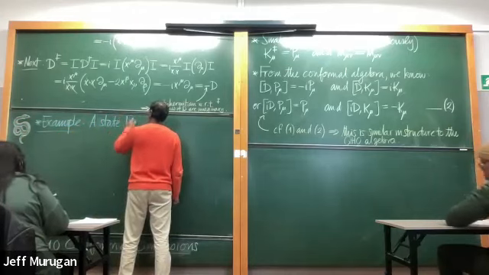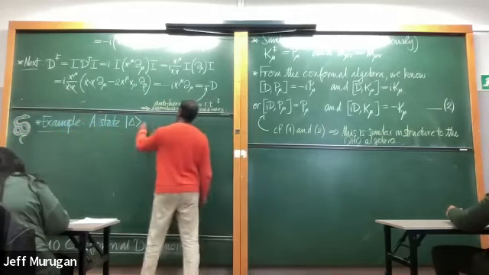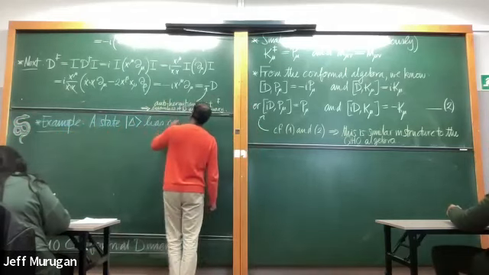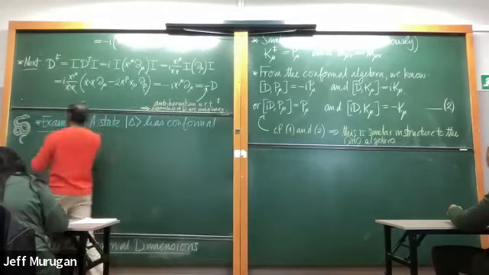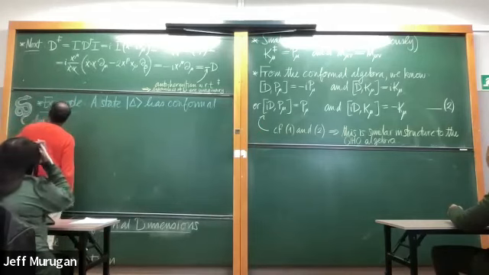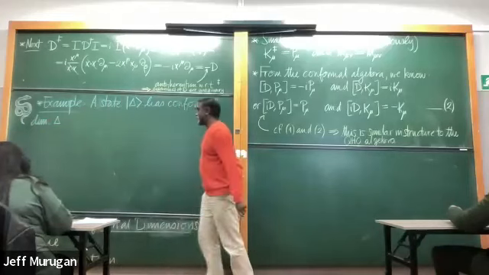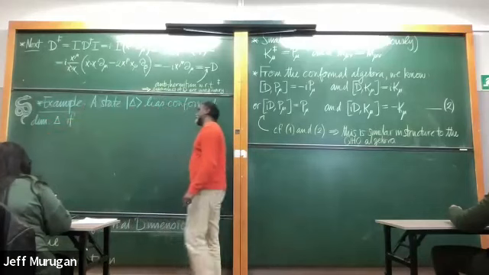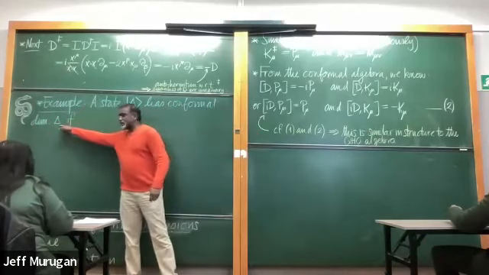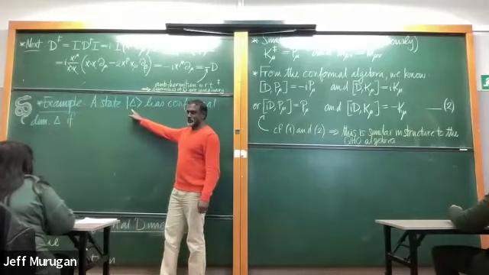let's say delta has conformal dimension delta if delta is an eigenvalue of i times the dilatation operator and the corresponding eigenstate is delta.